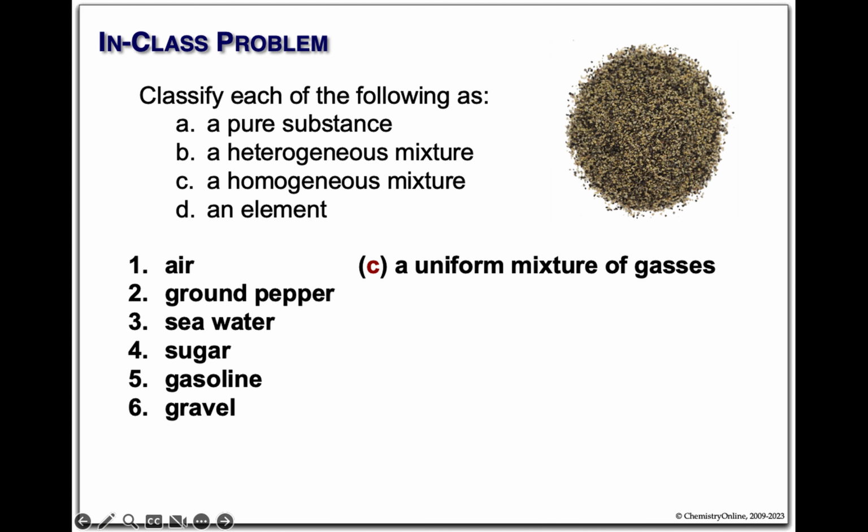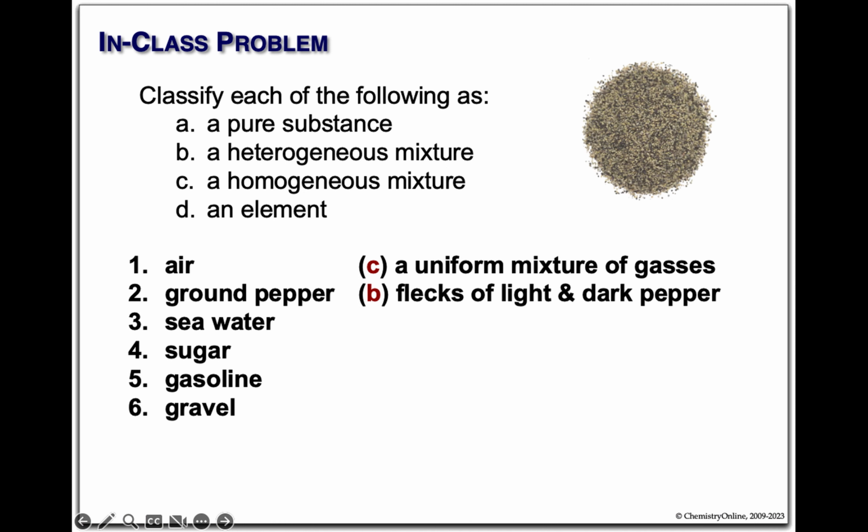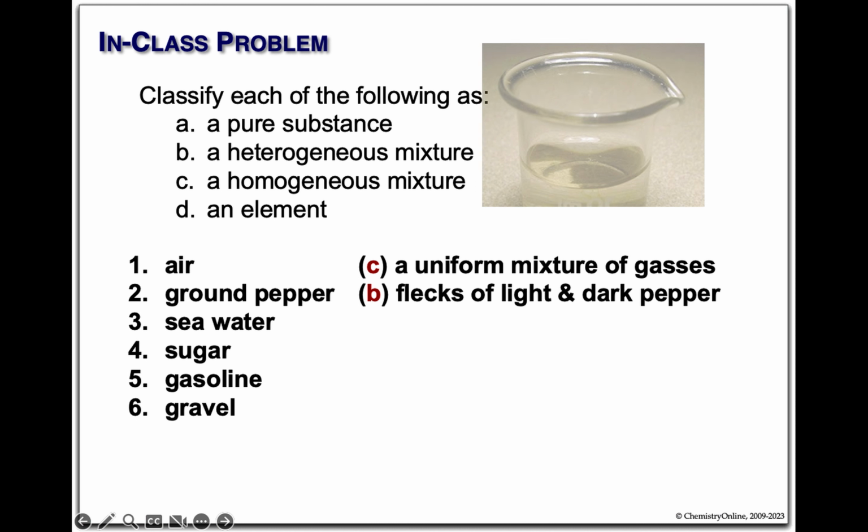Here is mostly blacks. This is a heterogeneous mixture. We've done seawater. Seawater, again, the sample test. Sample here, sample there. It is nothing but salts dissolved in water, homogeneous mixture.